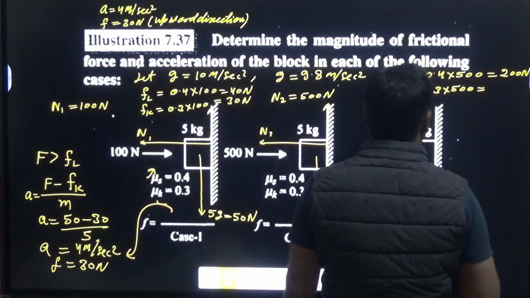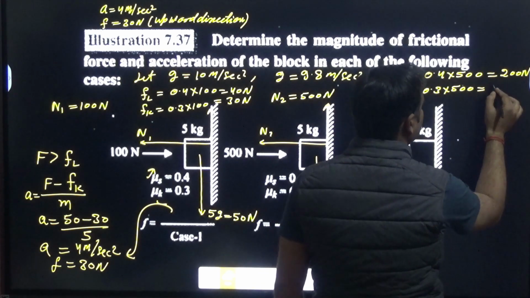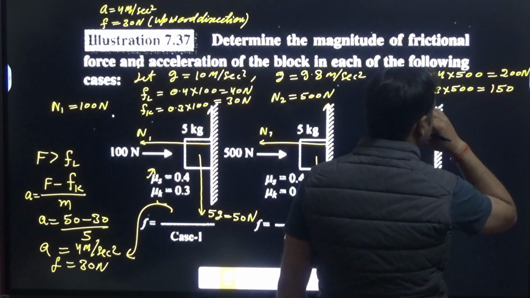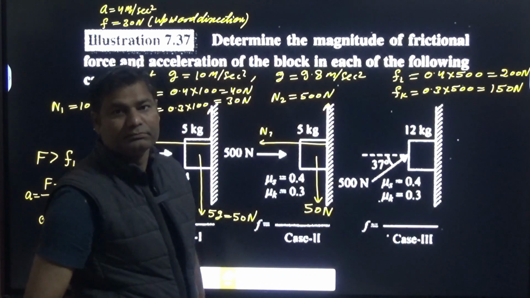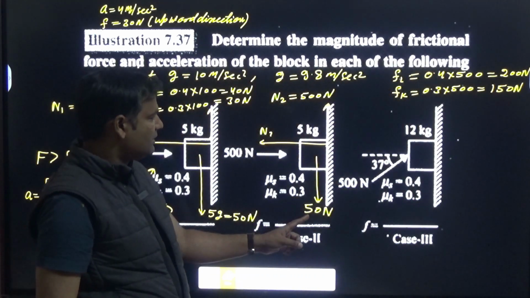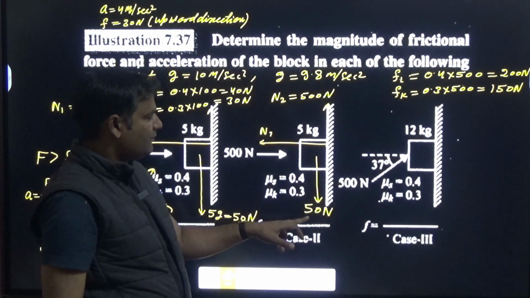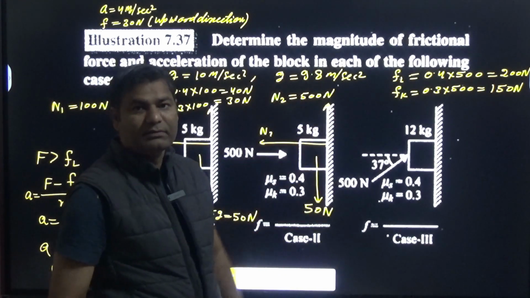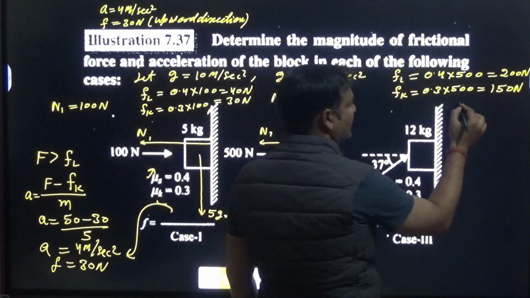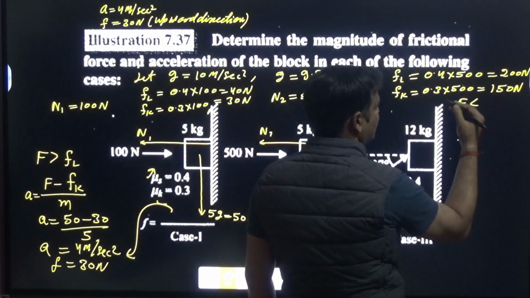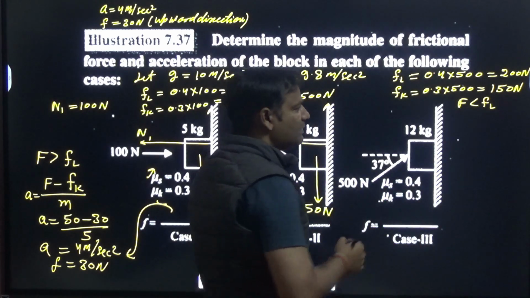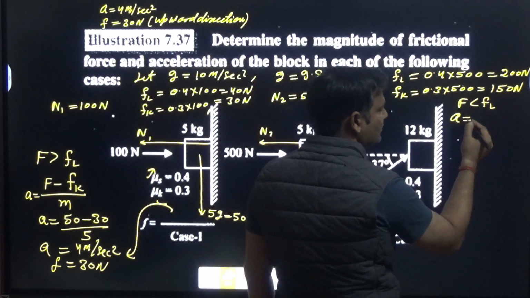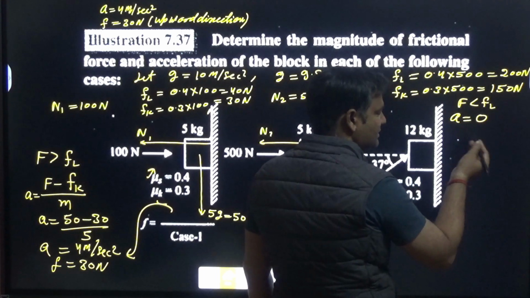Clear or not? Now applied force is 50 Newton. 50 Newton is not greater than FL. 50 Newton is less than FL, so motion is not possible. Motion is 0, acceleration is 0.